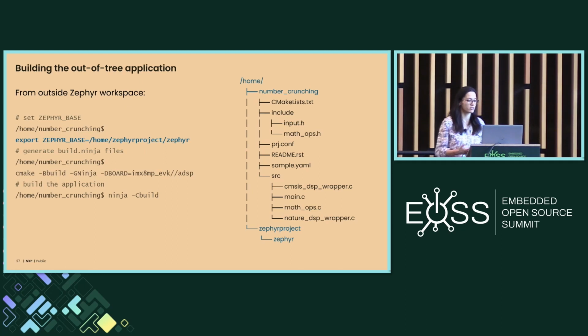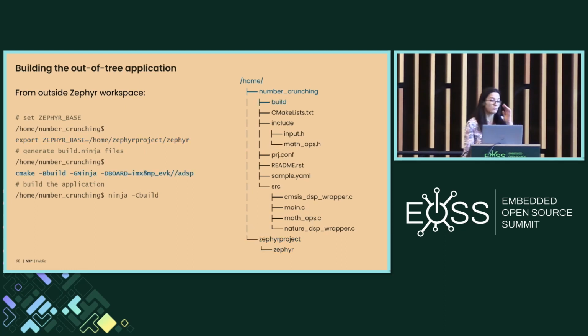So first, we need to set ZEPHYR_BASE. This is an environment variable where we set the location of our Zephyr workspace. This ensures that CMake can automatically select a Zephyr installation to use for building our application. Second step will be to use CMake to generate the Ninja-based system build.